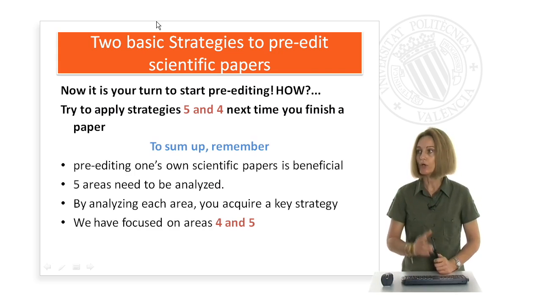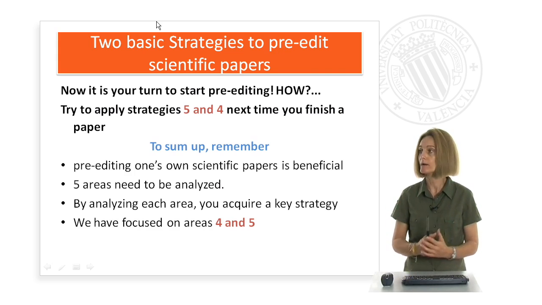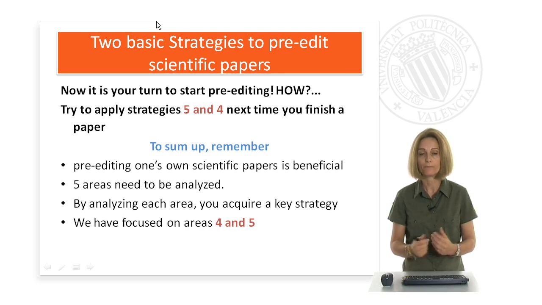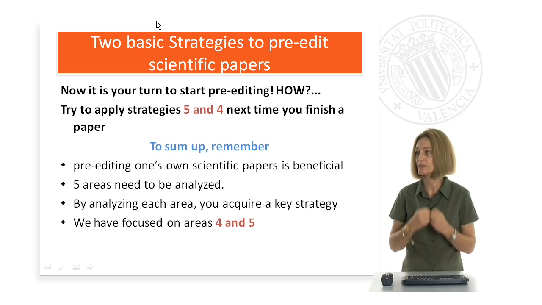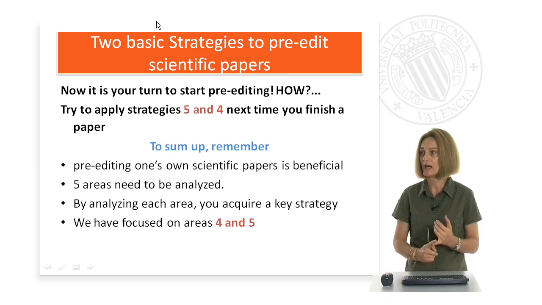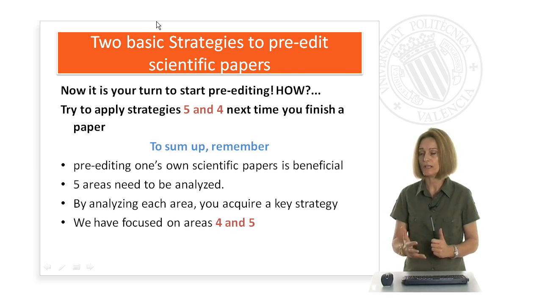Now it is your turn to start pre-editing. How? Well, you try to apply strategies 5 and 4 next time you finish a paper. Pre-edit your paper. Remember, to sum up, pre-editing one's own scientific papers is beneficial. You save time, and remember there are 5 areas that need to be analyzed.